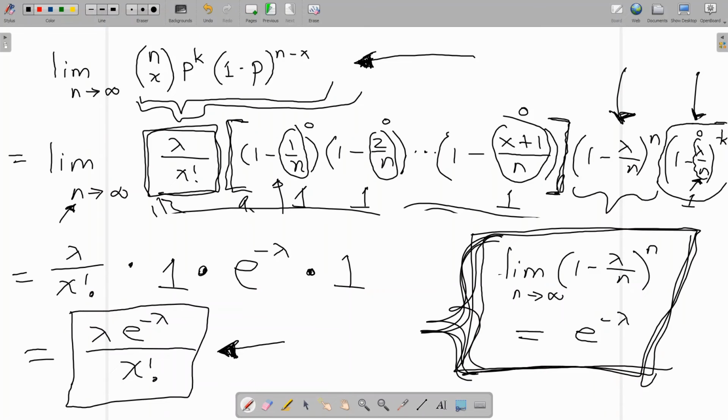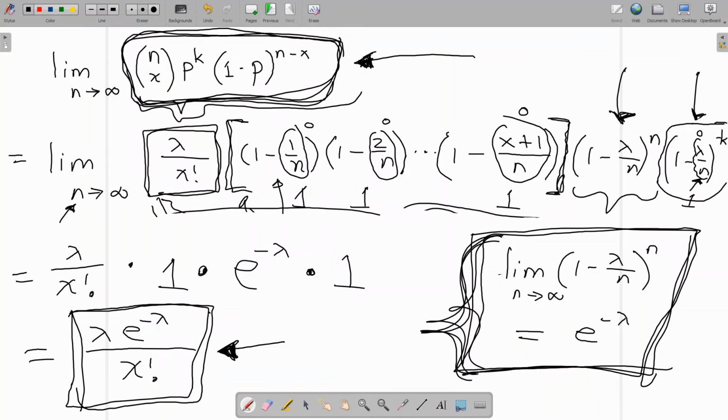From the probability mass function of a binomial random variable, we got the probability mass function for the Poisson distribution. So again, the limiting form of the binomial distribution is the Poisson distribution. And we have completed the proof.